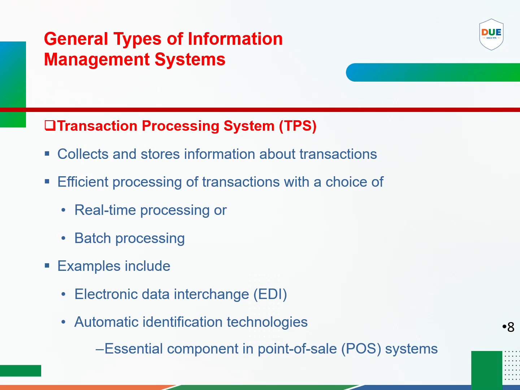Consider a supermarket in Vietnam. Every time a cashier scans a product at the POS, a transaction is created. In a real-time TPS, inventory is updated immediately and the system can flag items that need replenishment. In a batch TPS, these updates might only occur at the end of the day, which delays the response.